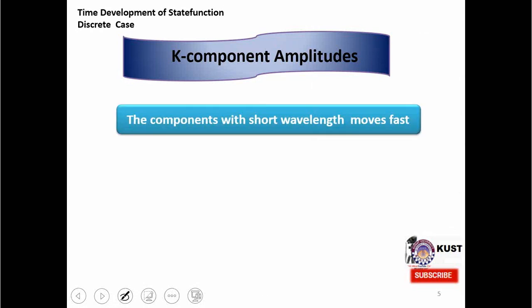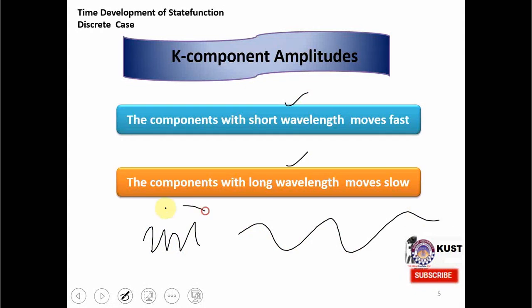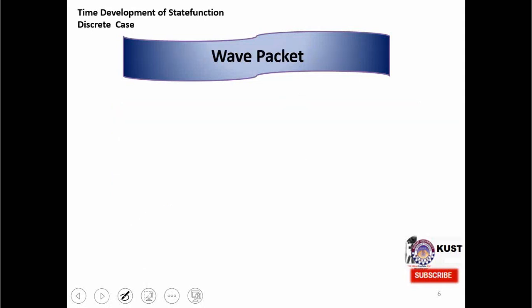In these components, those which have short wavelength will move fast, and those which have long wavelengths will move slow, because the short wavelength means higher frequency, and this is the longer wavelength, lower frequency, so their velocity is less as compared to the ones which are moving faster. So every component has its own velocity, but it depends upon the wavelength. There's a famous relation between the wavelength and the velocity. So the greater the wavelength, the slower that component moves.